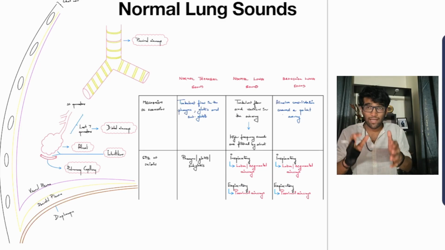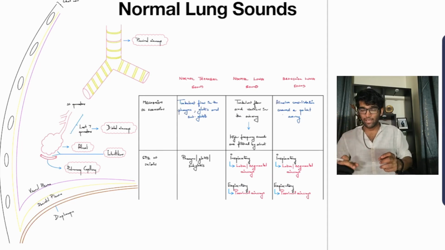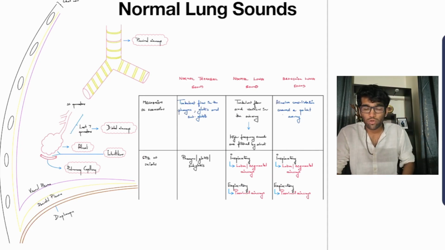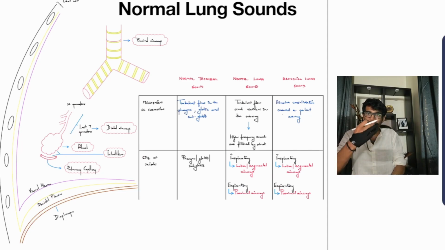Now, if the lung compliance is normal, this negative pressure will result in the lung expanding, and expansion causes an increase in the volume within the alveoli, decreasing the pressure within the alveoli, creating a gradient between the alveoli and the outward opening of the respiratory tract. So that causes air to move in.